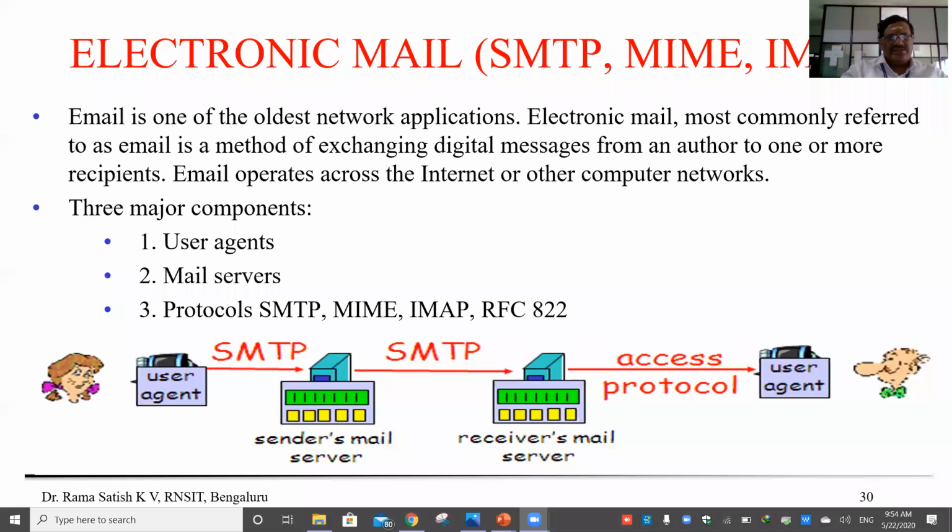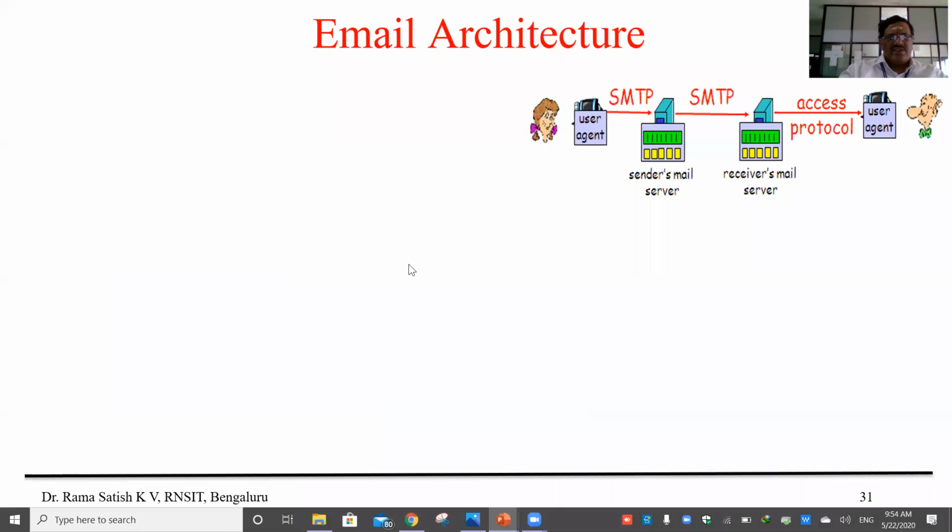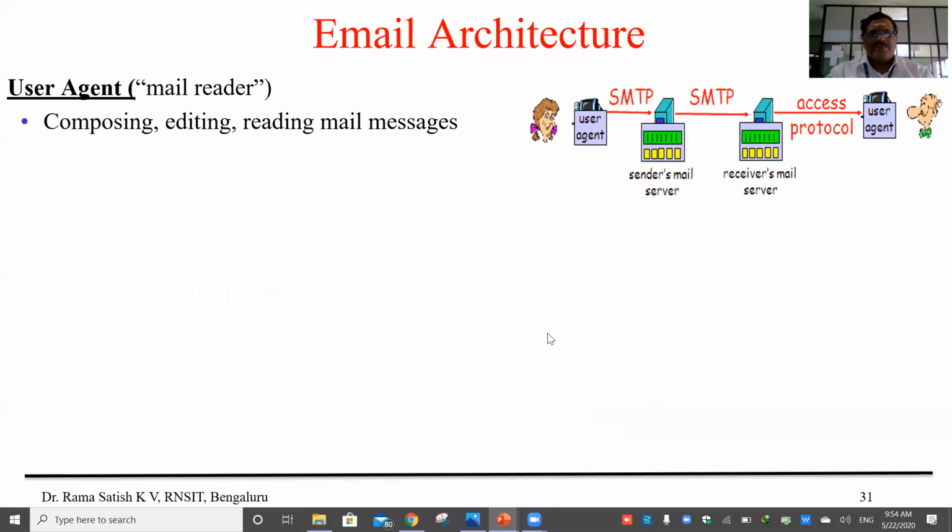And further, we'll see in detail who exactly a user agent is. Okay. A user agent is nothing but the person who is composing and editing, and also the person at the receiving end reading the mail.